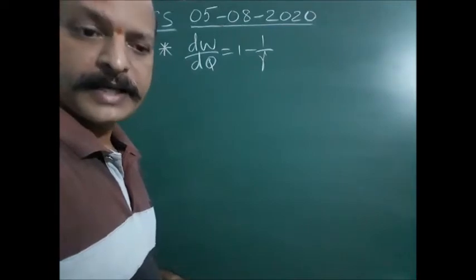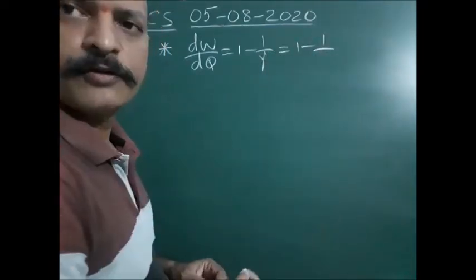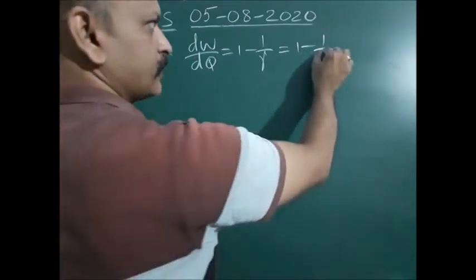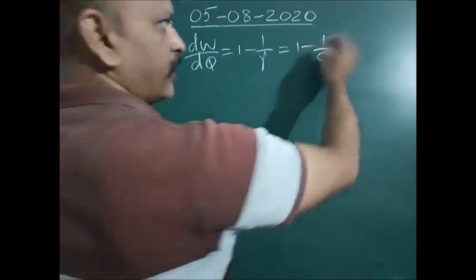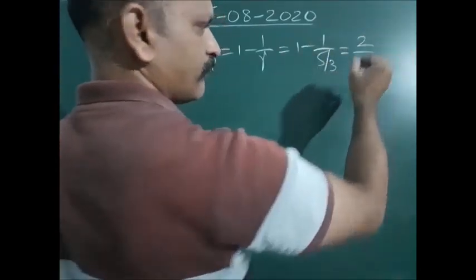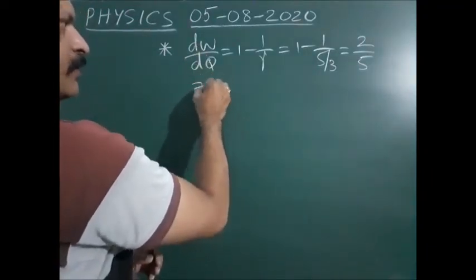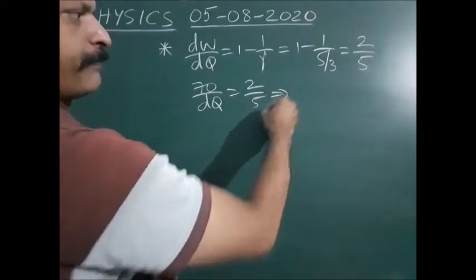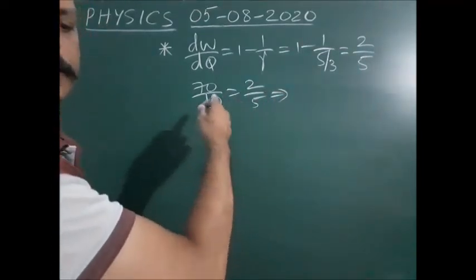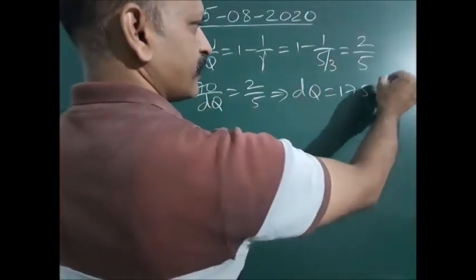For monoatomic gas it is, right? So that is 1 minus 1 by gamma, where the value for monoatomic is 5 by 3. 5 by 3, so 3 goes up. Okay? 5 minus 3, that will be 2 by 5. Right? And whereas dW is 70 joule by dQ is equal to 2 by 5. From this, cross multiplying, what we get is dQ equals 175 joule.